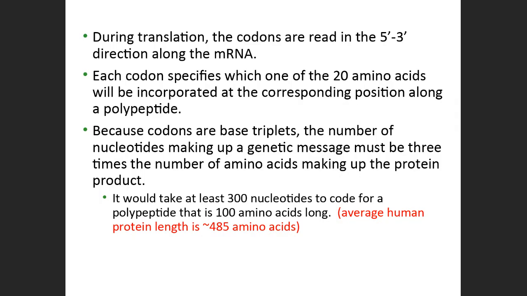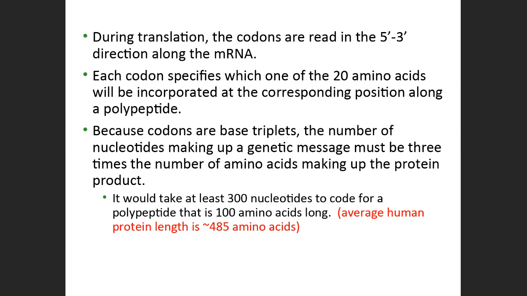So if you had 300 nucleotides in your piece of DNA, you could code for a polypeptide that's 100 amino acids long, right? Because every 3 bases, every 3 nucleotides codes for 1 amino acid. So if you've got 300 nucleotides, that means 100 amino acids.